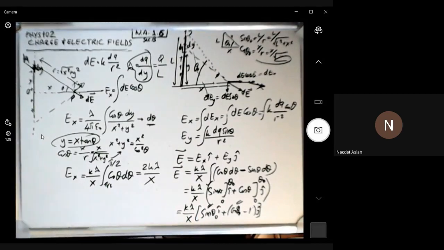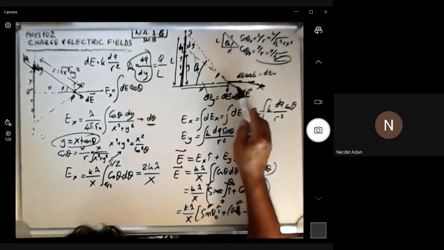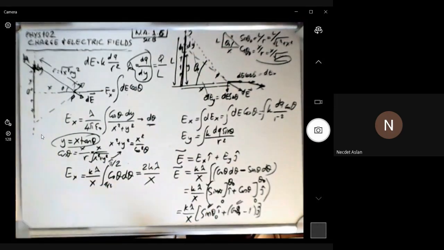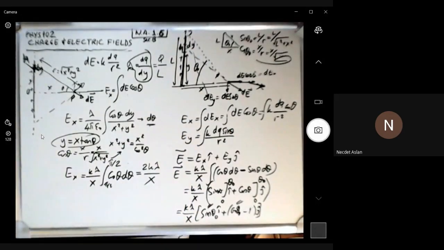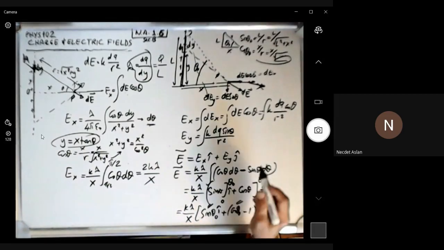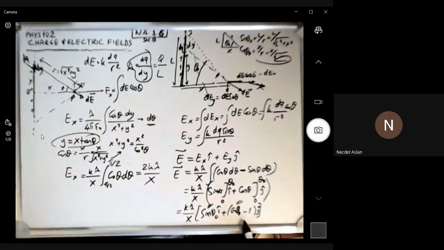Not only that, but also let's see what happens for very small distances of x. For very small distances of x, you should be able to consider these values, sine theta 0 and cosine theta 0, with x on the denominator, and you can get their values in the limit and see what happens.